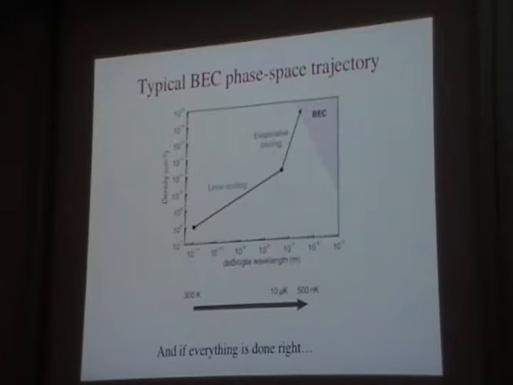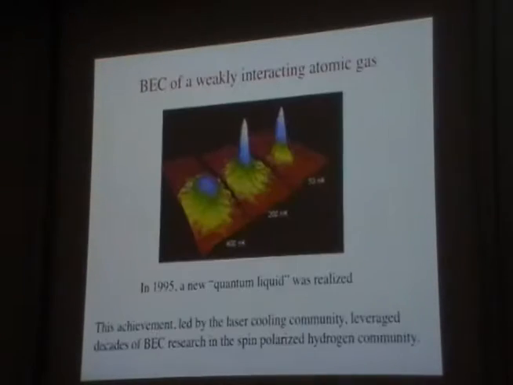It usually shuts off due to some sort of collision process involving excited state atoms, or a reabsorption of photon process. And so then you have to switch to evaporative cooling. You put the atoms in their static trap, and the evaporative cooling takes you the rest of the way to Bose-Einstein condensation. Typically that occurs at just under a microkelvin for densities on the order of about 10 to the 14 or 15 atoms per cubic centimeter.